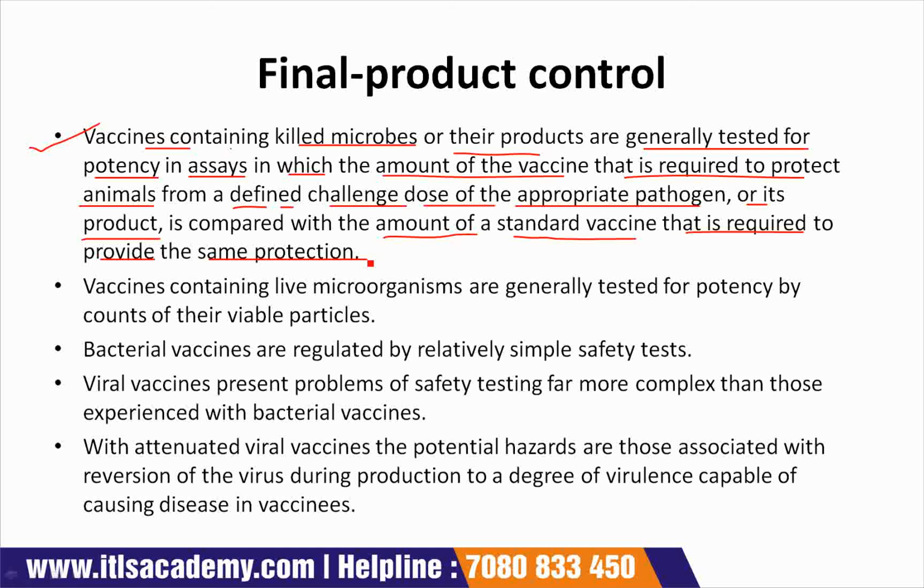In the case of both the vaccine and the standard, the middle dose is chosen on the basis of experience so that it is sufficient to induce a protective response in about 50% of the animals to which it is given.